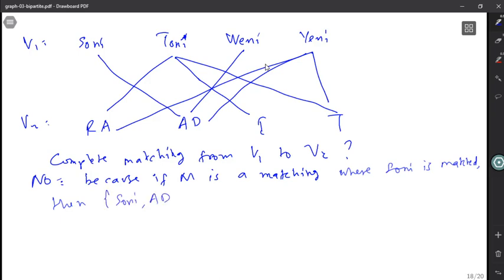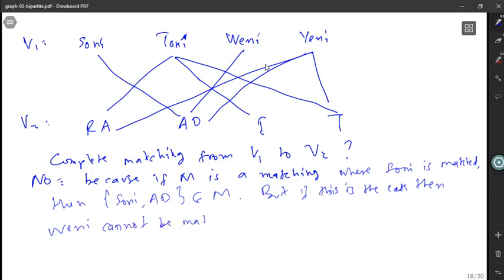Because that's the only way for Sonny to be matched, right? But if this is the case, then of course Winnie cannot be matched to any task.